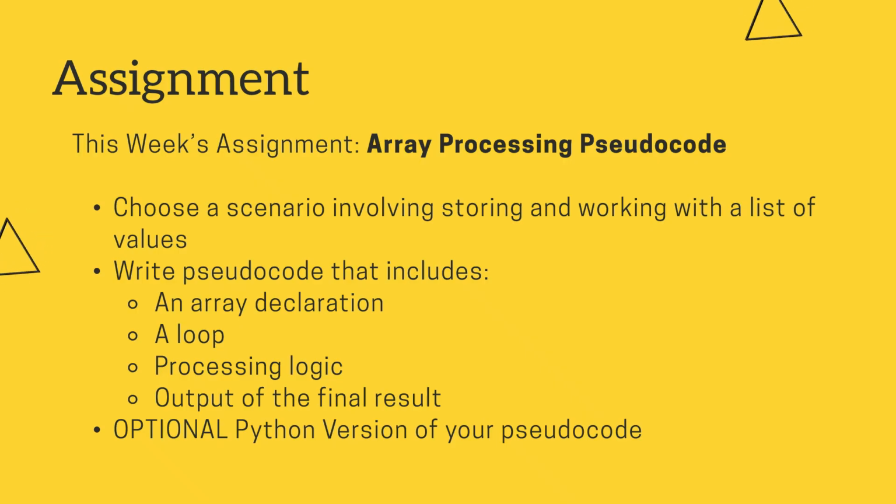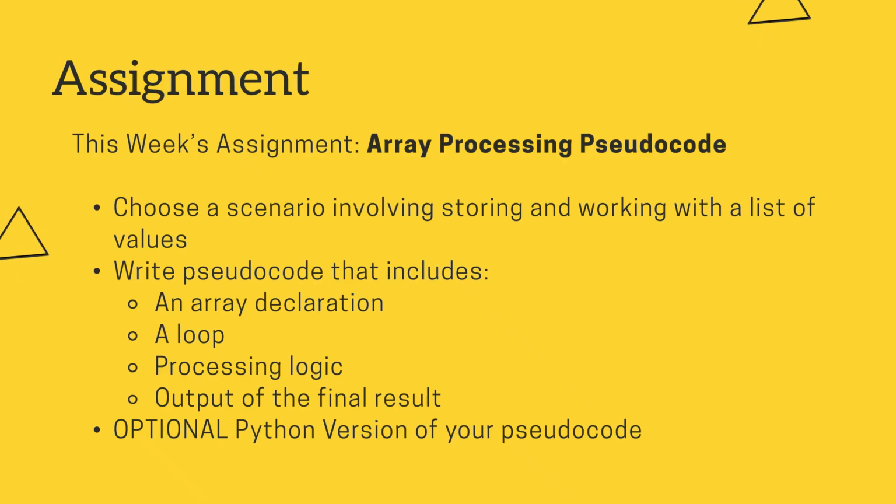Now, if you need some help, review chapter 8 in your textbook, and the class examples that I've showed you with arrays and loops, that'll help you. I've also got some videos and references and resources for you as well. But you can always look back at this video for how to use arrays in pseudocode.